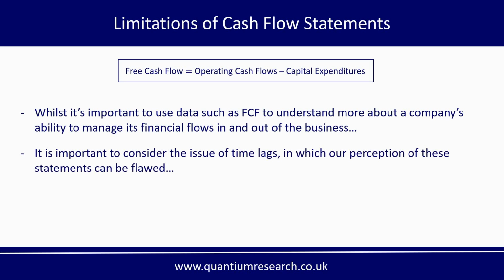It's important to remember that you have time lags. So if a business is making $500 million in free cash flow, and then for some reason in the next year they're suffering in terms of their financial performance. It could be a possible situation of a one-off where money had been coming in at one point of the year.